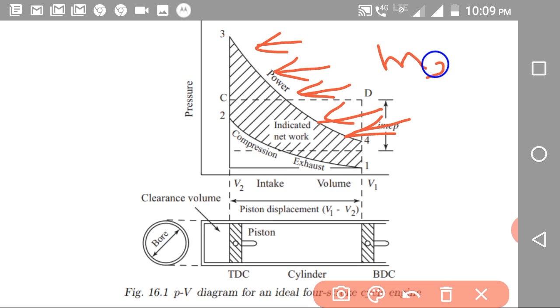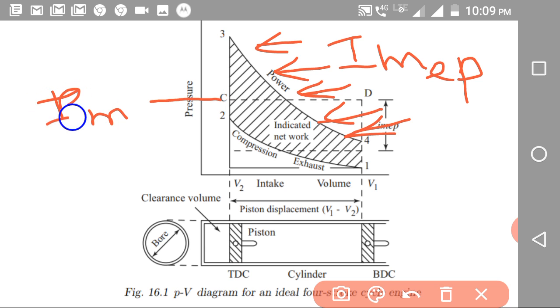Here we are concerned with the indicated power, so this is the indicated mean effective pressure, IMEP.